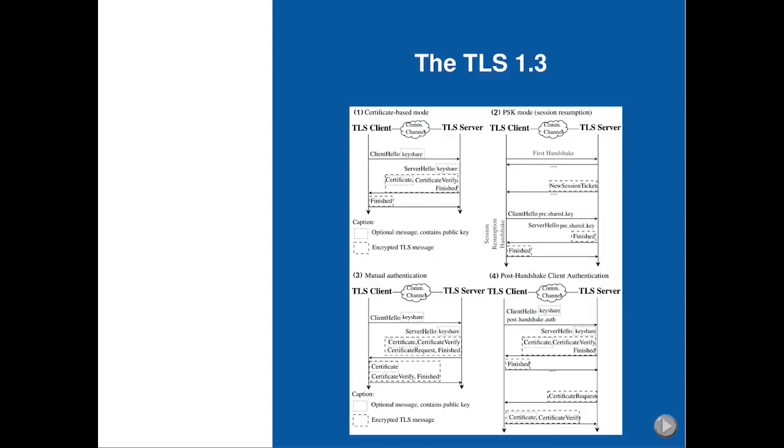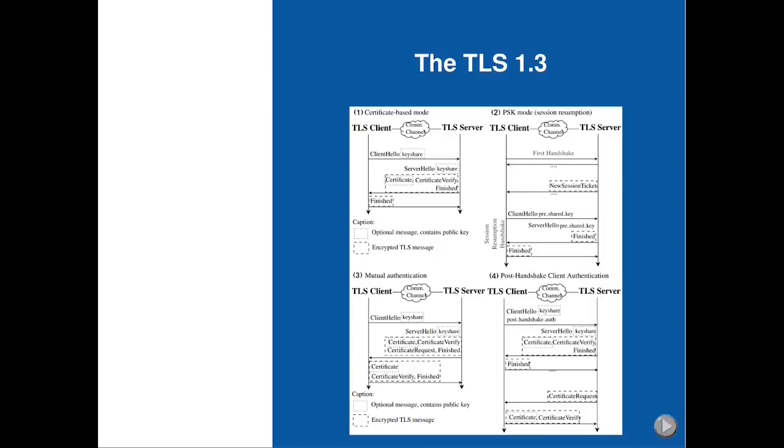The third method is called the mutual authentication, and this method is very similar to the certificate-based mode, but in this case, both the server and the client are authenticated.